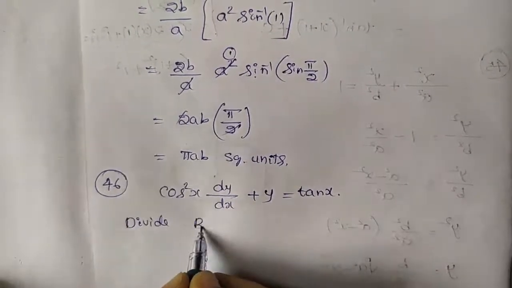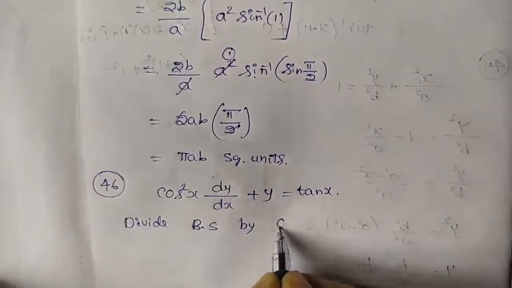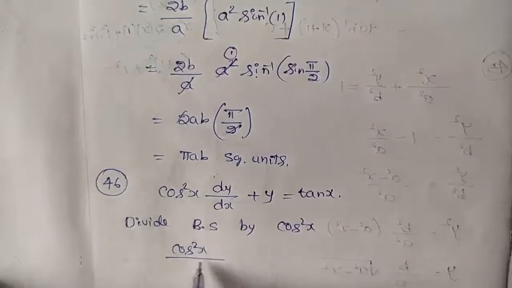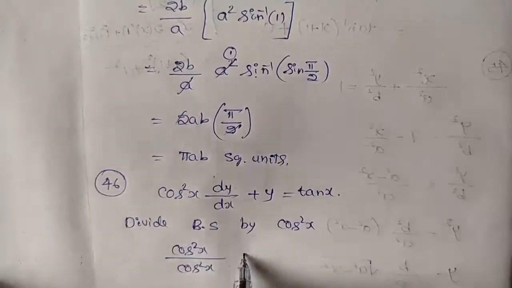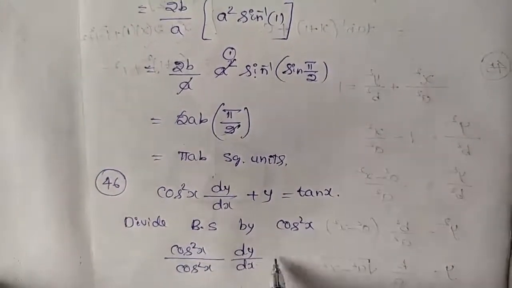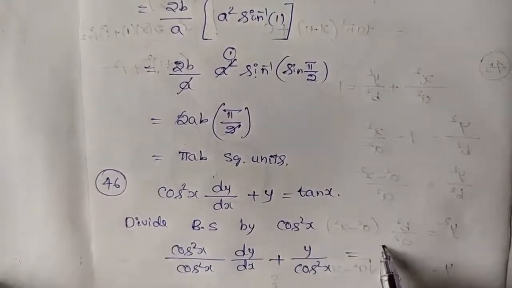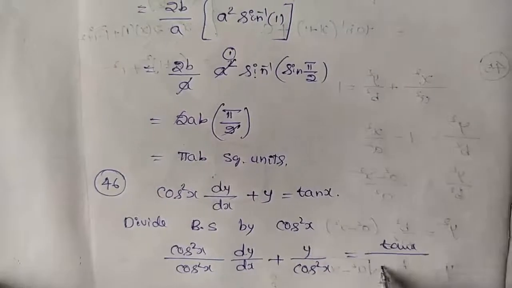Divide both sides by cos square x, then cos square x by cos square x into dy by dx plus y by cos square x equals to tan x by cos square x.